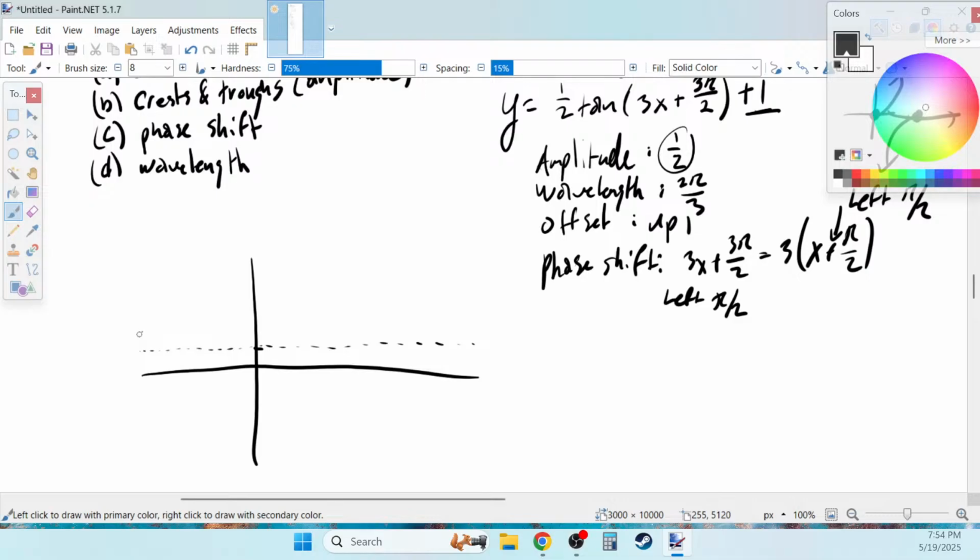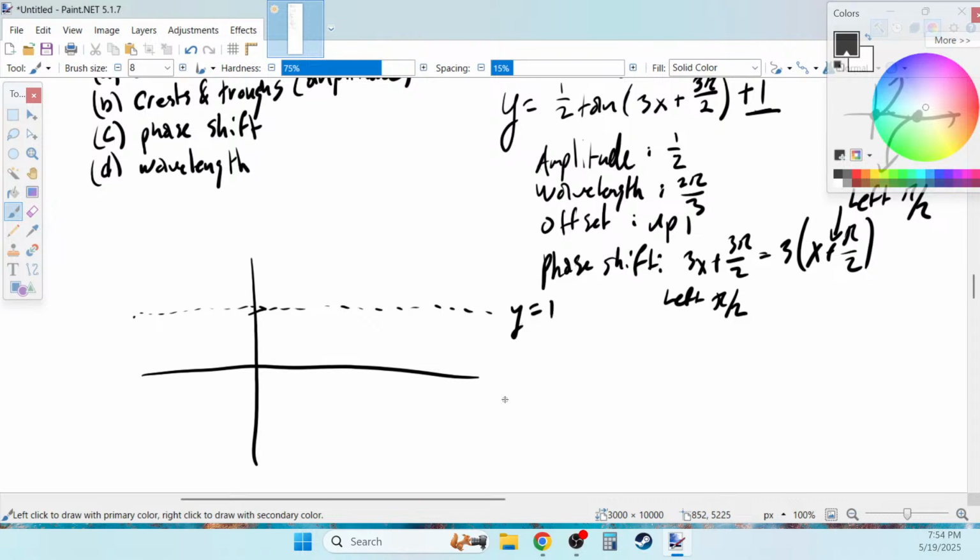Maybe I should have made the line a little bit higher, so I'm going to make my offset line a little bit taller, so it's not as small of a graph and as hard to read. Let's put 1 there.